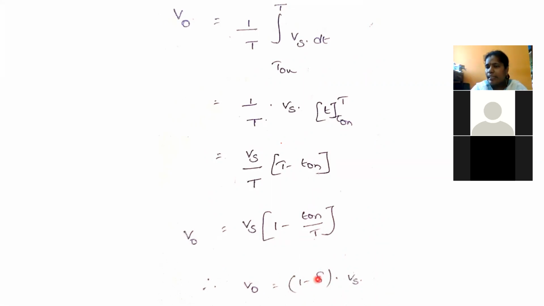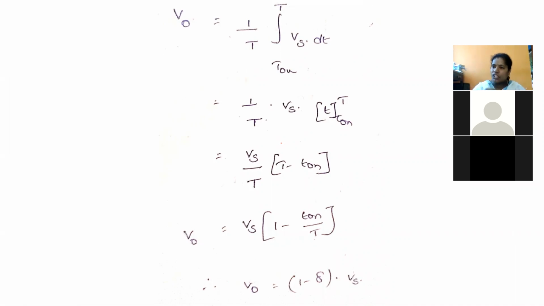Initially provide the minimum value 0. So 1 minus 0 into Vs. So you will get the output voltage as Vs. Provide the maximum value, that is delta as 1, 1 minus 1 is 0, 0 into Vs, that means 0 into something is 0. That means at the minimum value of the duty cycle, you are getting the maximum voltage. And at the maximum value of the duty cycle, you will get the minimum voltage, that is 0.